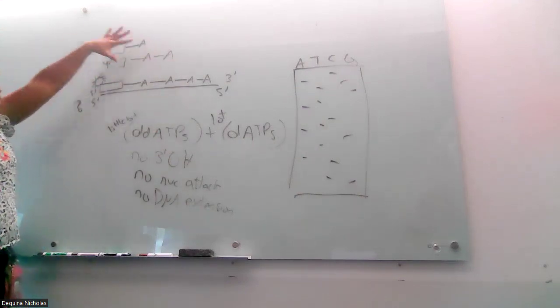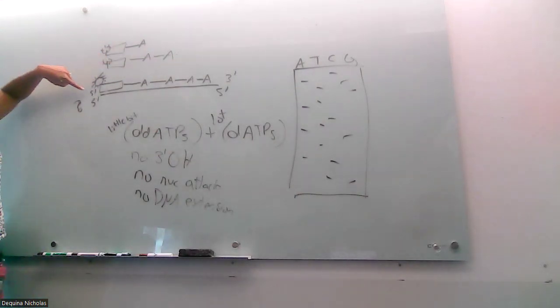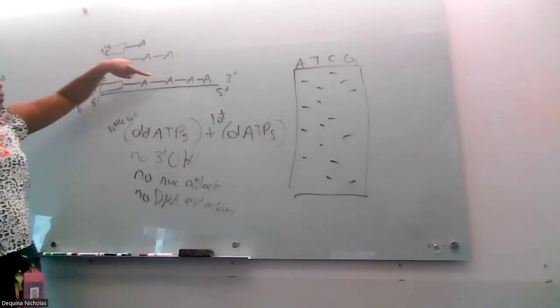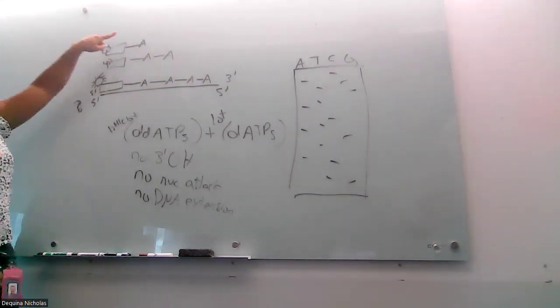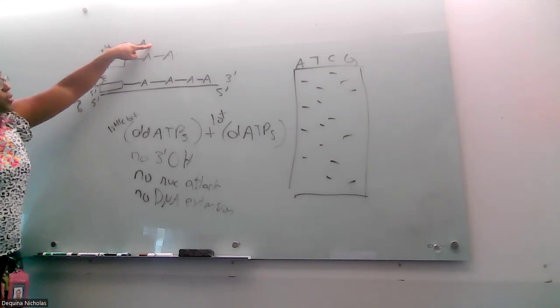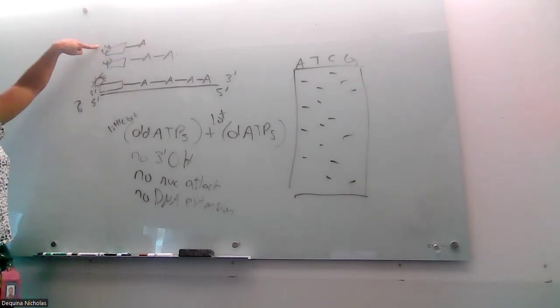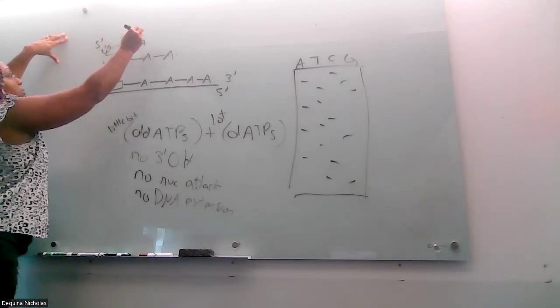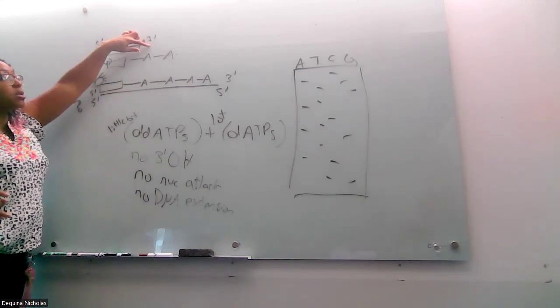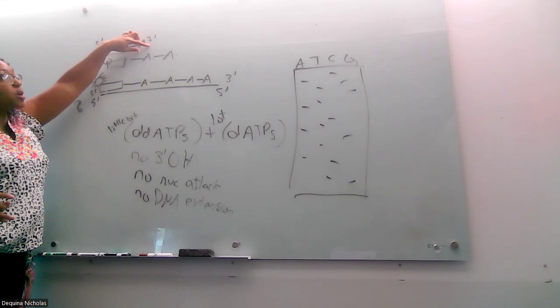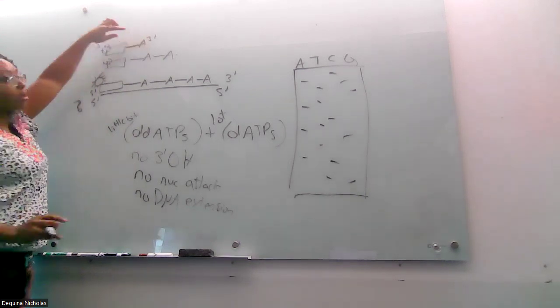So if we come back to this example here, we are synthesizing from 5' to 3'. If I'm synthesizing from 5' to 3', and I have a short, small product, where does that short, small product end up? At the bottom.